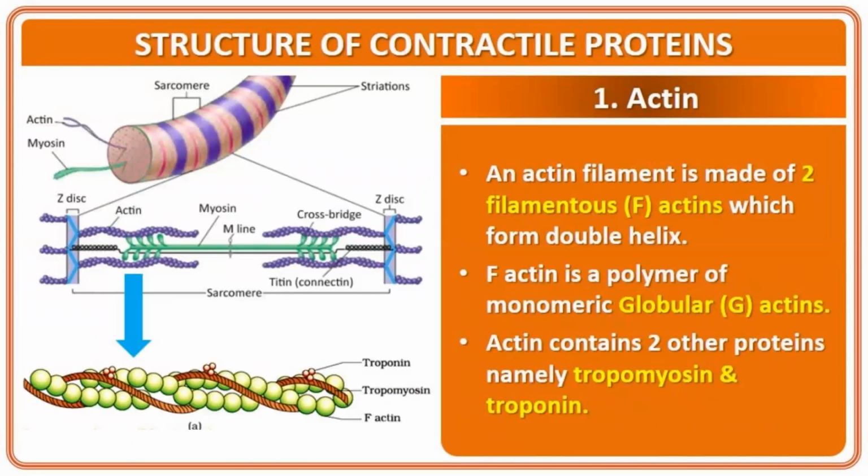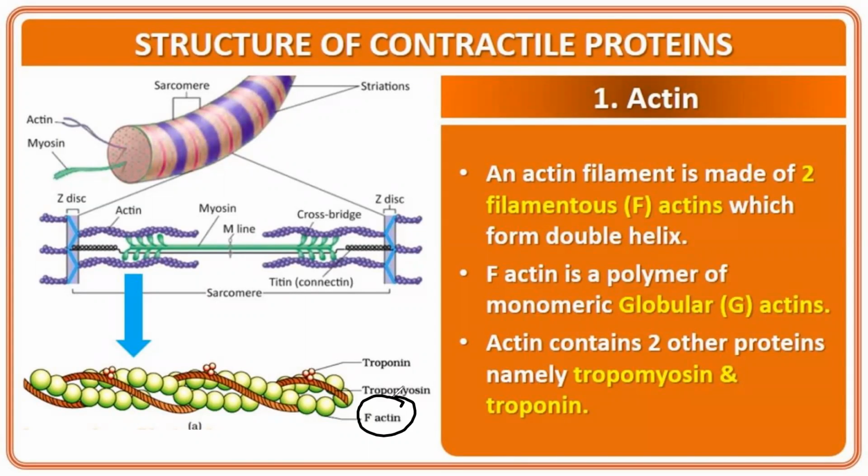Let's see the structure of actin, that is a contractile protein which is present in skeletal muscle. An actin filament is made up of two filamentous actins which form a double helix. So it is F actin, which is filamentous actin.